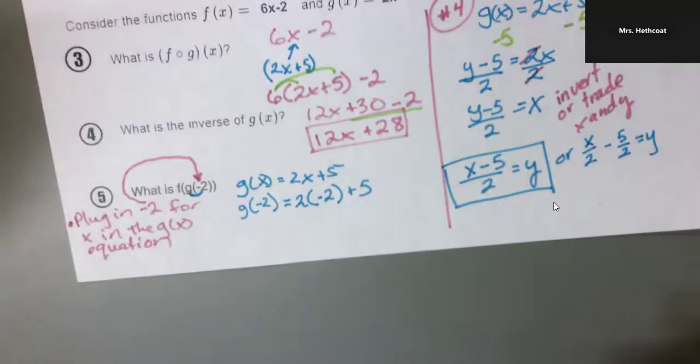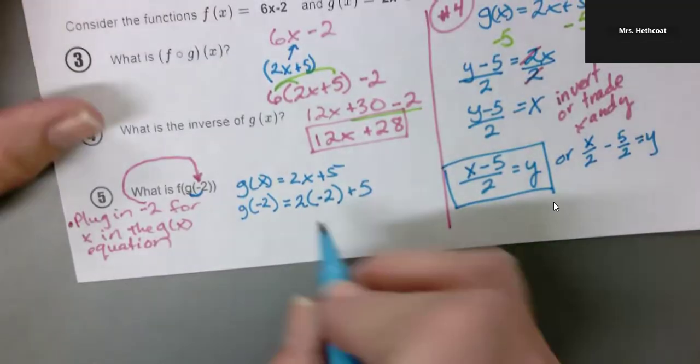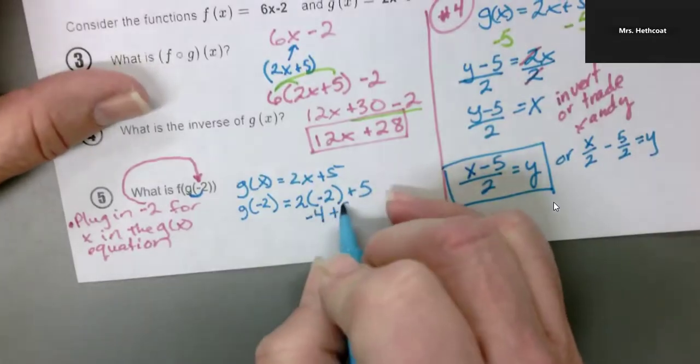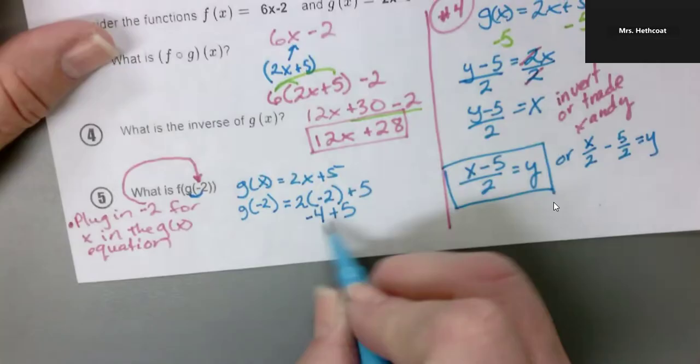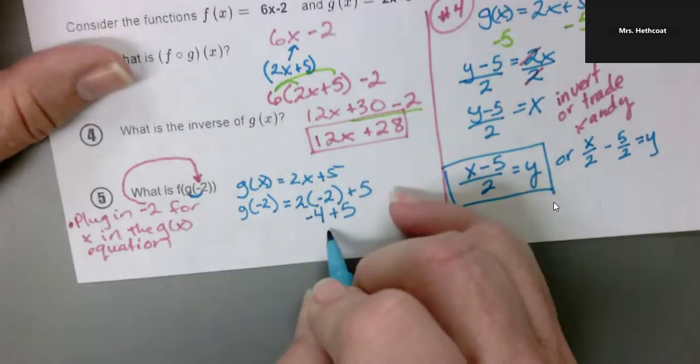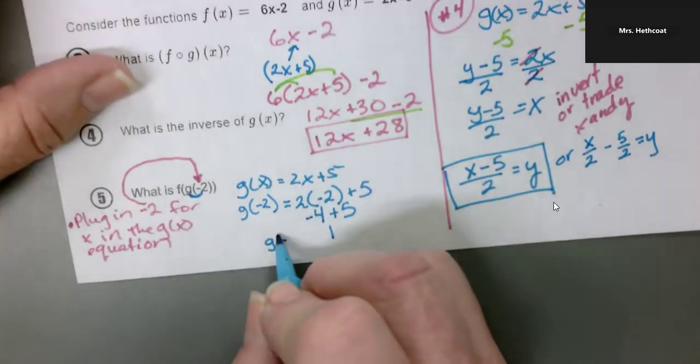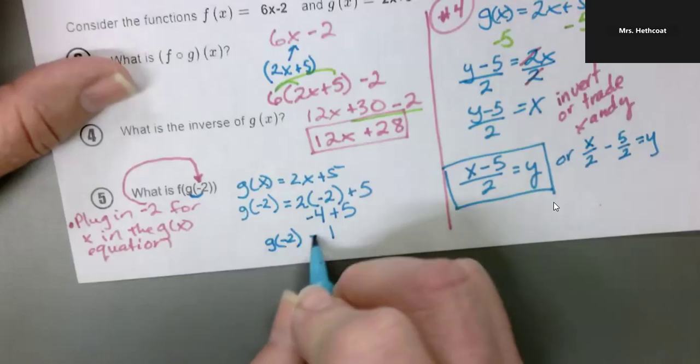Okay? Then we get 2 times negative 2 is negative 4. We still have a plus 5. Negative 4 plus 5 would be 1. So we have g of negative 2 equals 1.